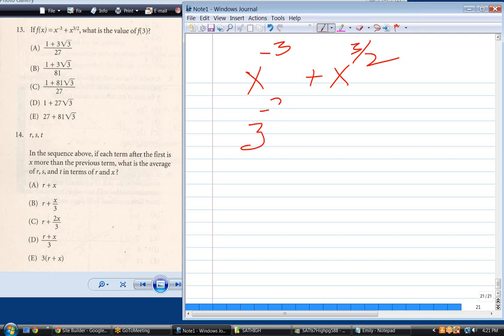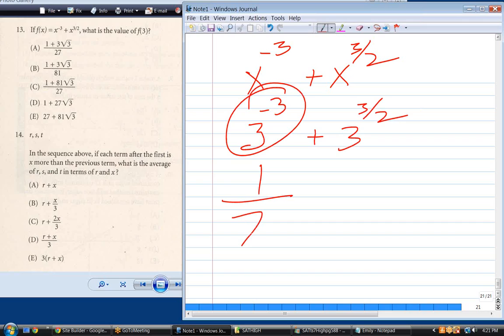So in other words, we're trying to solve this, right? Well, this isn't bad. That's 1 over 27, plus this is the square root of 27, which is equal to 3 square root of 3.